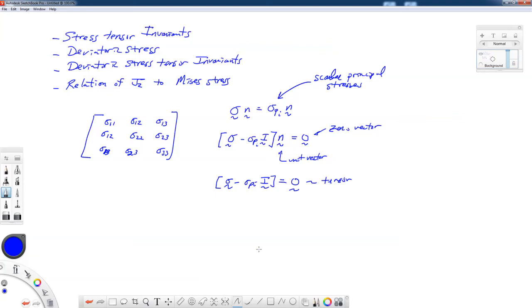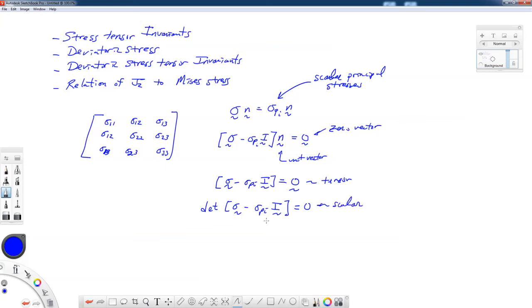And if that is the 0 tensor, then the determinant of the 0 tensor is equal to 0. Or the determinant of sigma minus sigma p times the identity tensor is equal to 0. Now this is a scalar.